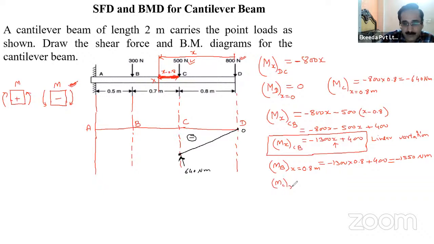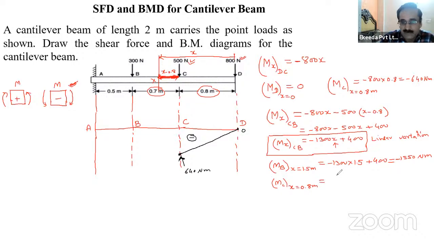We have written here something wrong. At B point, the value of x is 1.5 meter. There is a slight change, that B point is at x equal to 1.5. You can see here 0.7 plus 0.8, this is 1.5. So put here 1.5 meter instead of this 0.8. And at C point, the value of x is 0.8 meter.